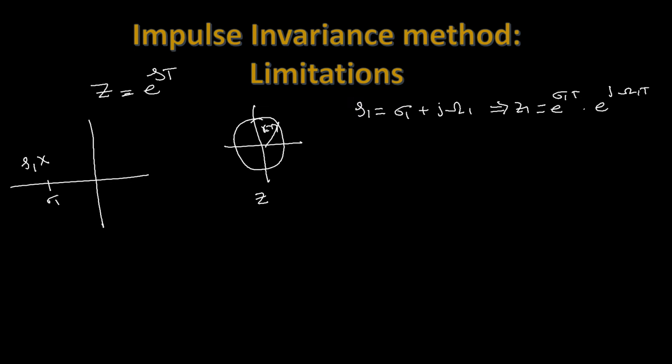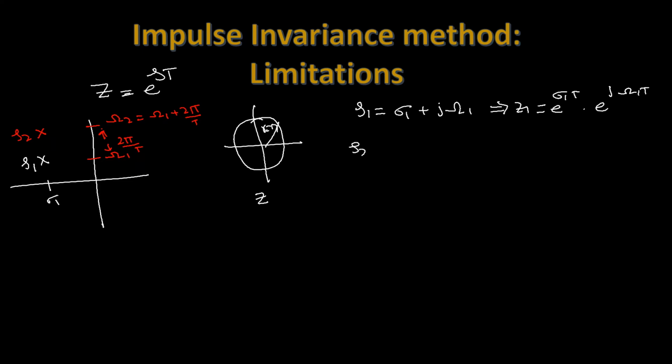Let us assume a second pole which is on top of your S1, at a distance of 2 pi by t from omega 1. This is omega 2. So what is omega 2 here? Omega 1 plus 2 pi by t. So what is S2 now?